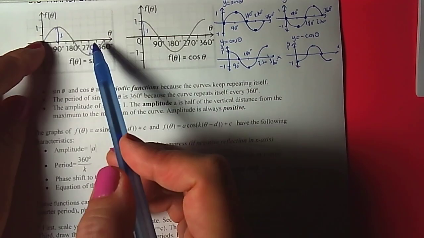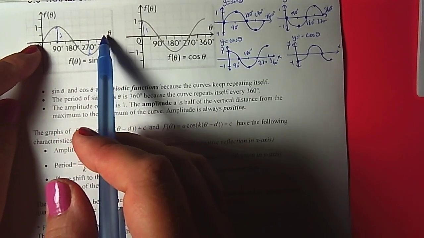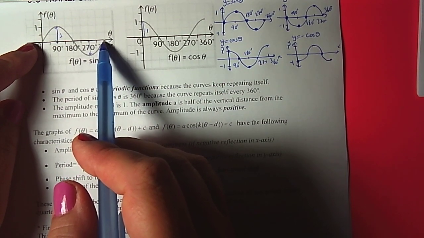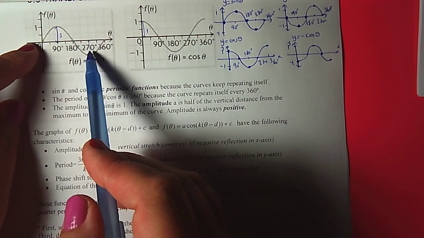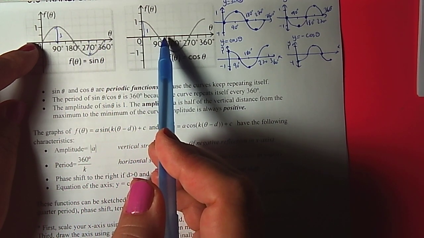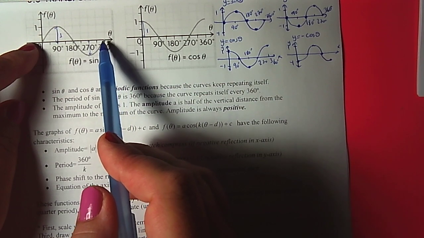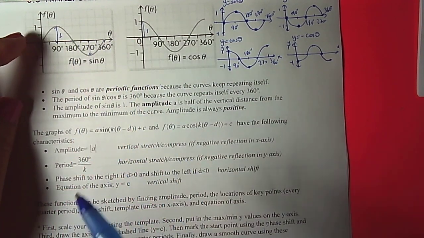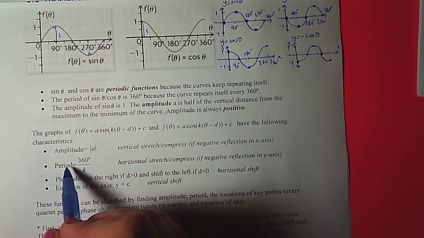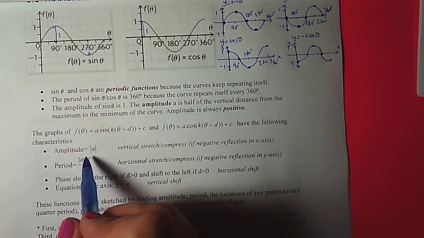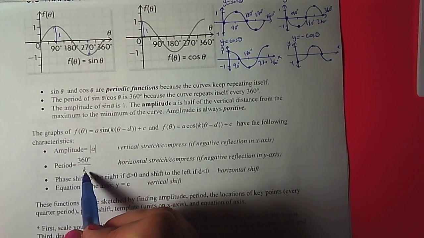We said that the period for sine theta or cos theta is 360 degrees. If there is a horizontal stretch, then that period will be bigger. When there is a horizontal compress, then the period for that function will be smaller. So how can we calculate the period using k? Here's the formula. Period equals 360 degrees divided by k.